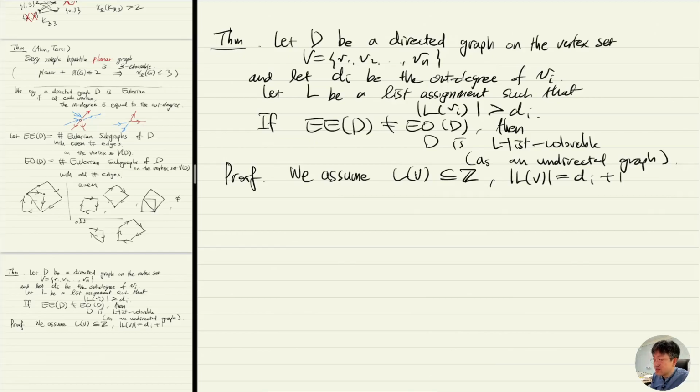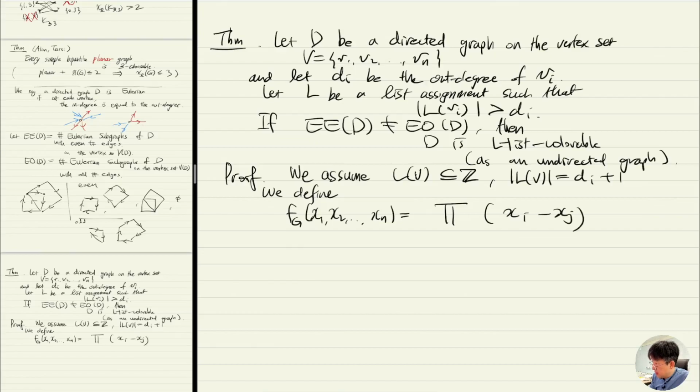So let's assume that at each vertex the list contains exactly out degree plus 1 distinct integers. Now we define F of G of x1, x2, up to xn to be the product of xi minus xj, whenever ViVj is in E(D).